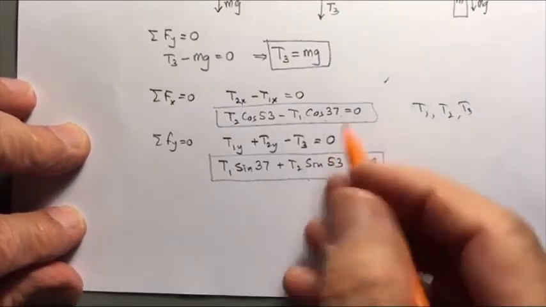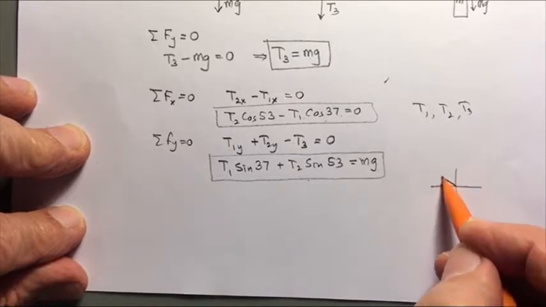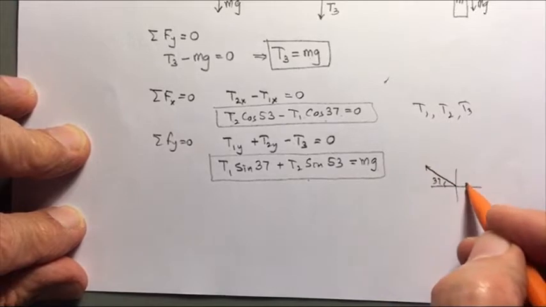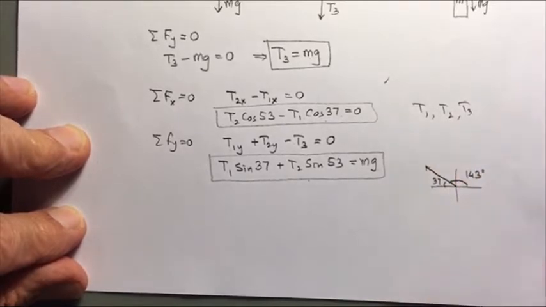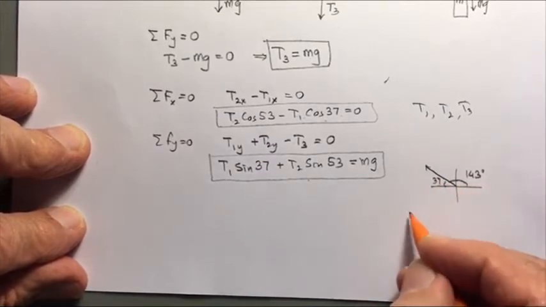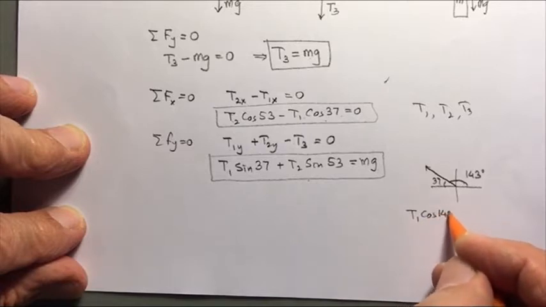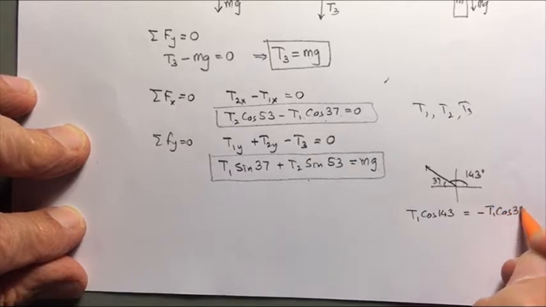Now, one of the things that you might ask is, when this angle is 37, why didn't we use this angle, which is 143? We should have used this angle instead of this one. Well, you can use this angle and say it's going to be T1 cosine of 143, which is the same as negative T1 cosine 37.